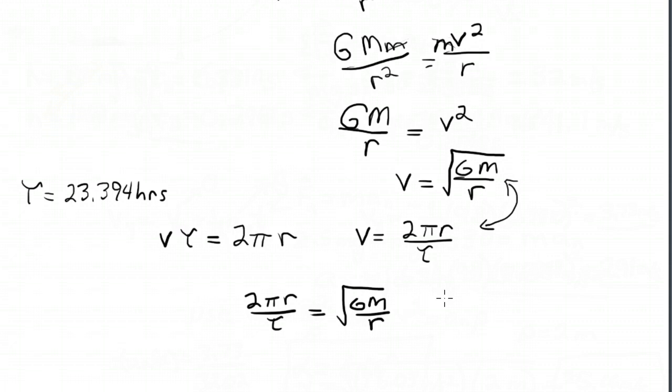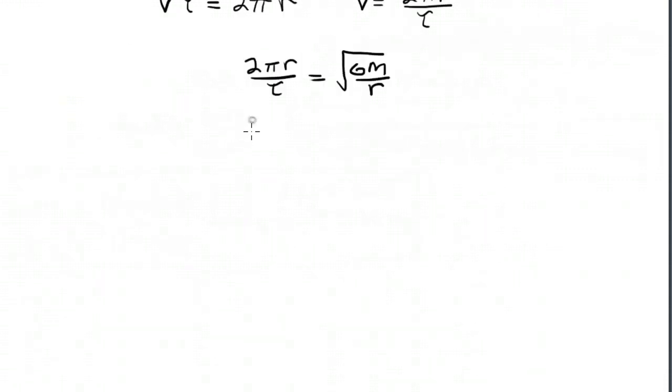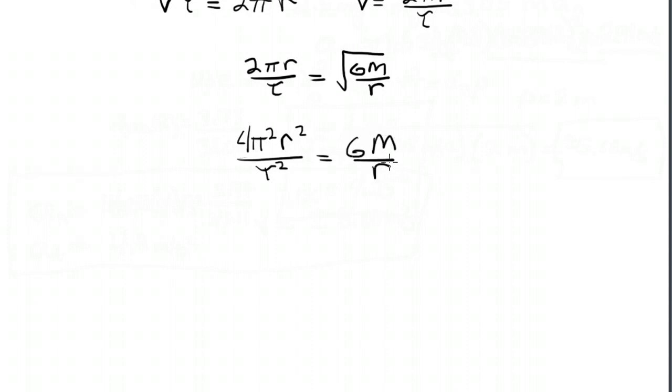The easy way to do this is to first square each side. So we've got 4 pi squared r squared divided by tau squared equals GM divided by r.